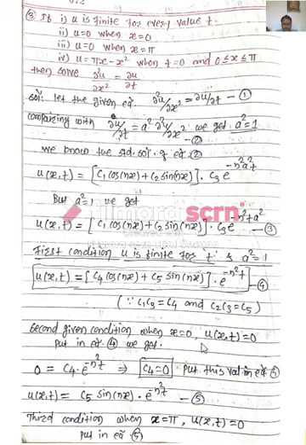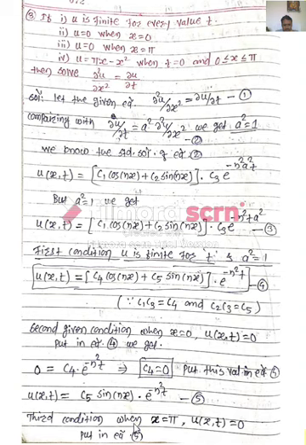Putting this value in equation number 4, we get 0 is equal to c4 e raised to minus n² t. Comparing, we get c4 is equal to 0, and putting this value in equation number 4, we get u(x,t) is equal to c5 sin nx into e raised to minus n² t. Write it as equation number 5.